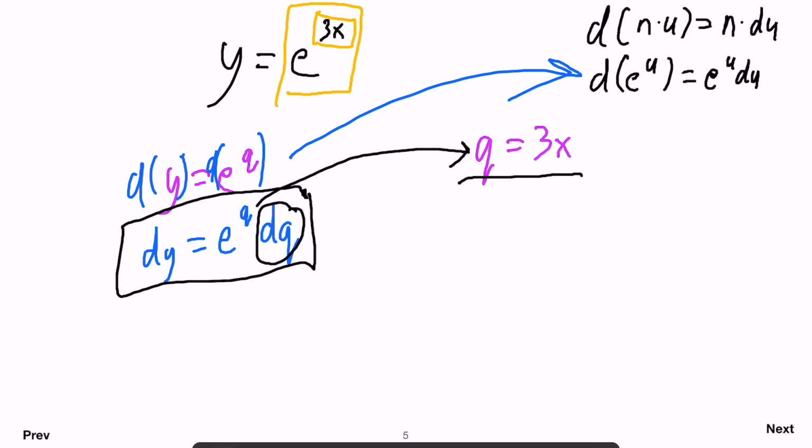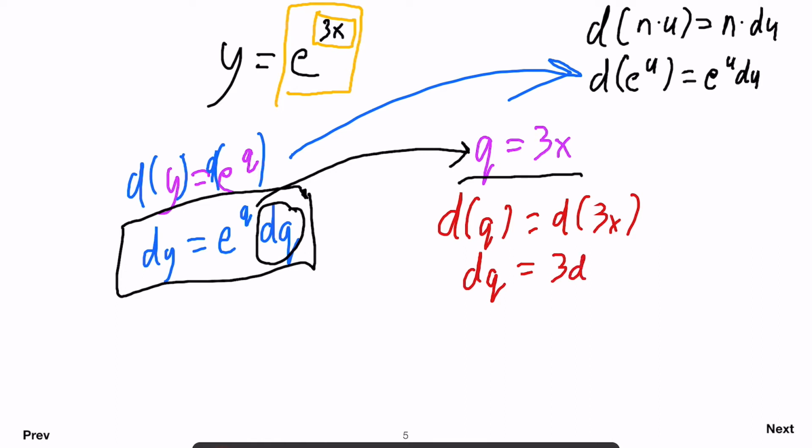We just take the differential of both sides. So d of q equals the d of 3x. The differential of q is the same as the differential of 3x. And that's going to give us dq equals 3 dx.